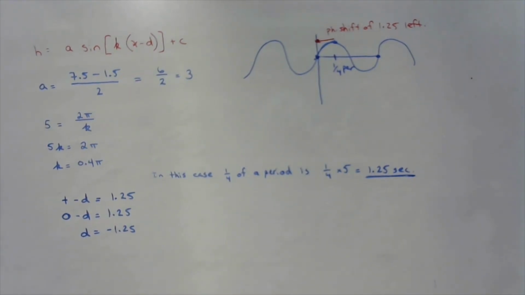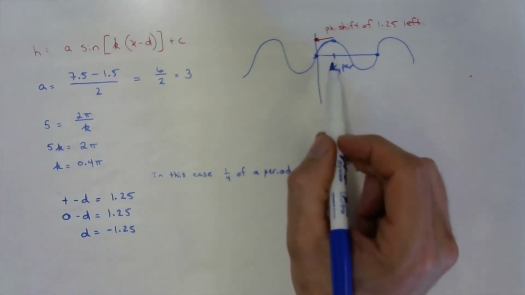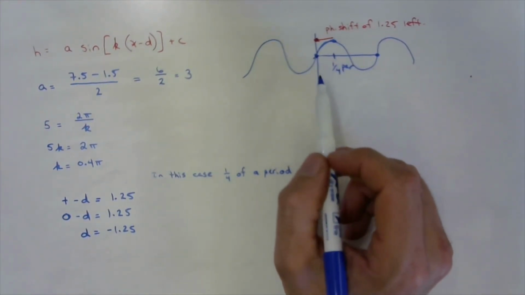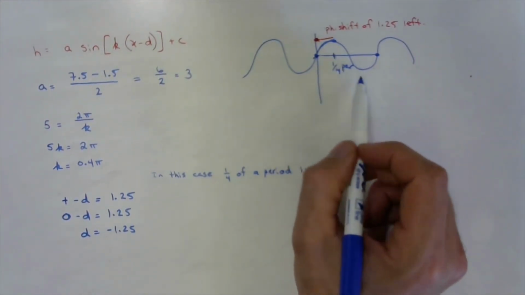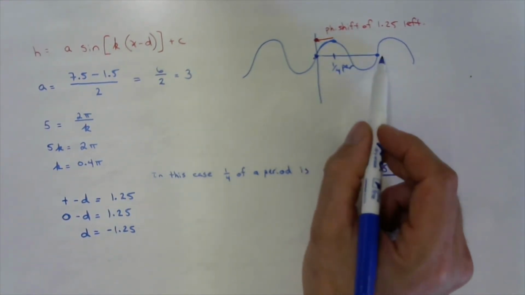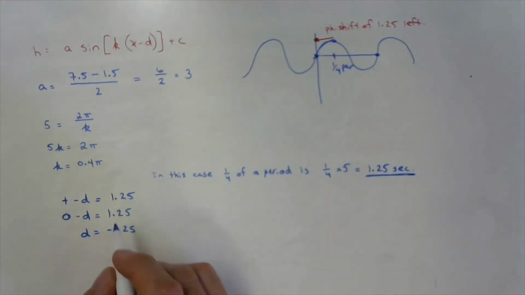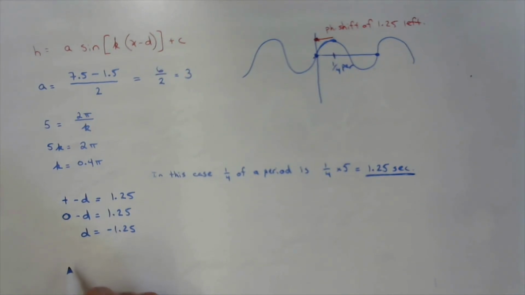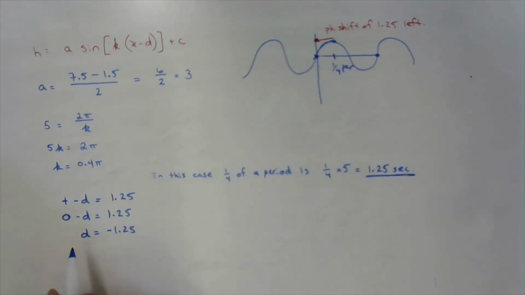Last thing that we need is our value for c. The vertical translation, that is the new rest. You're moving it up from a rest of 0 to wherever this rest is. Obviously, it's not 0 because this ride can't go underground. Okay, it can't have a negative height. That would be disastrous. So c then is the average of the max height and minimum height.